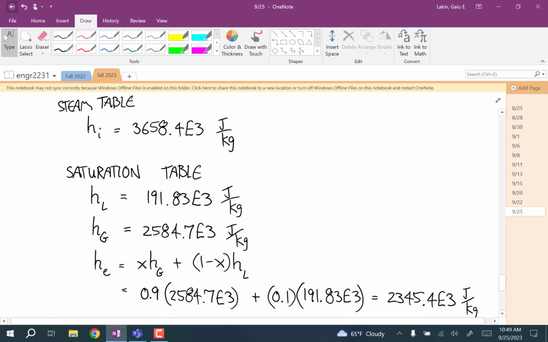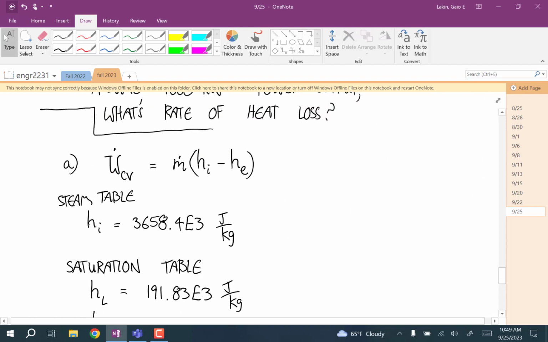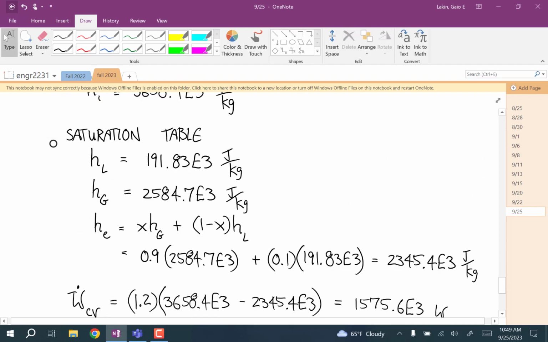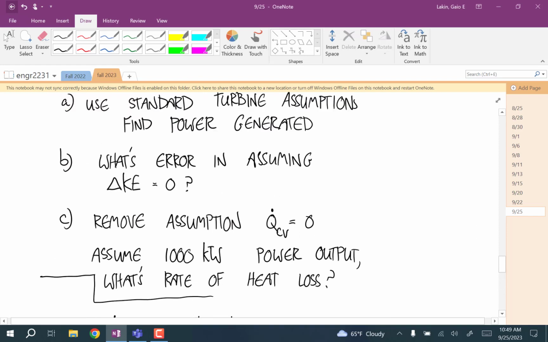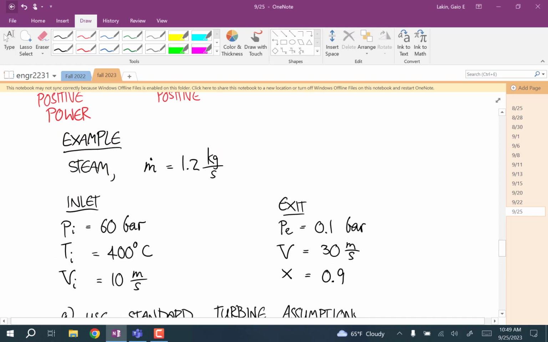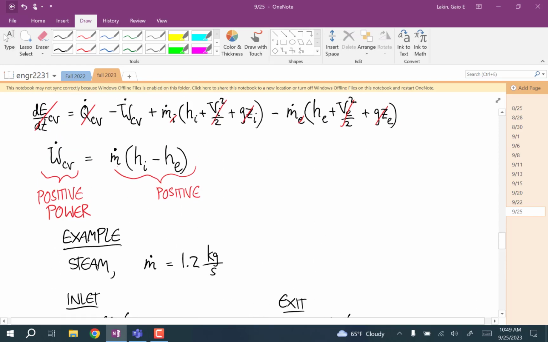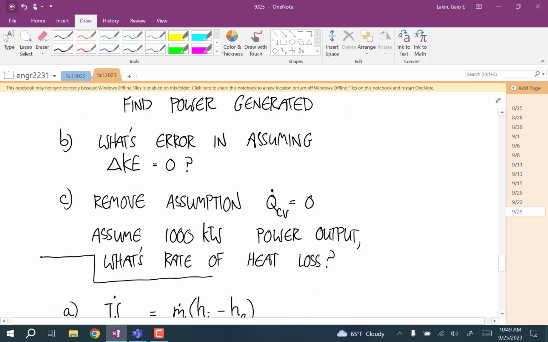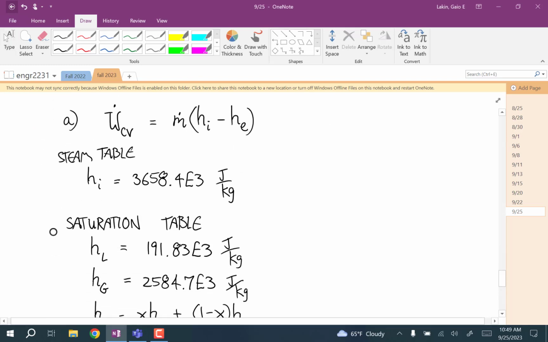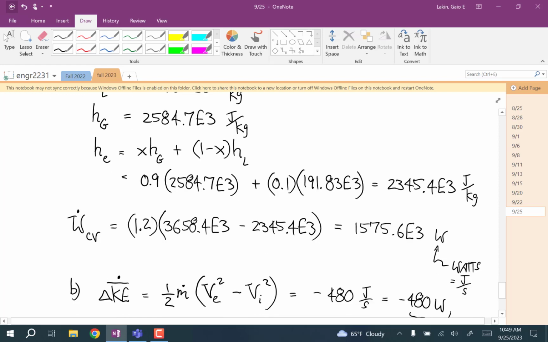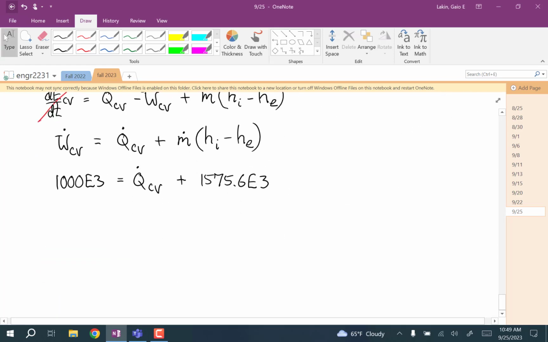Work is equal to, what did we have at the inlet here? Okay, we got the big one at the inlet and the small one at the exit. Oh, yeah. Okay, so, right.